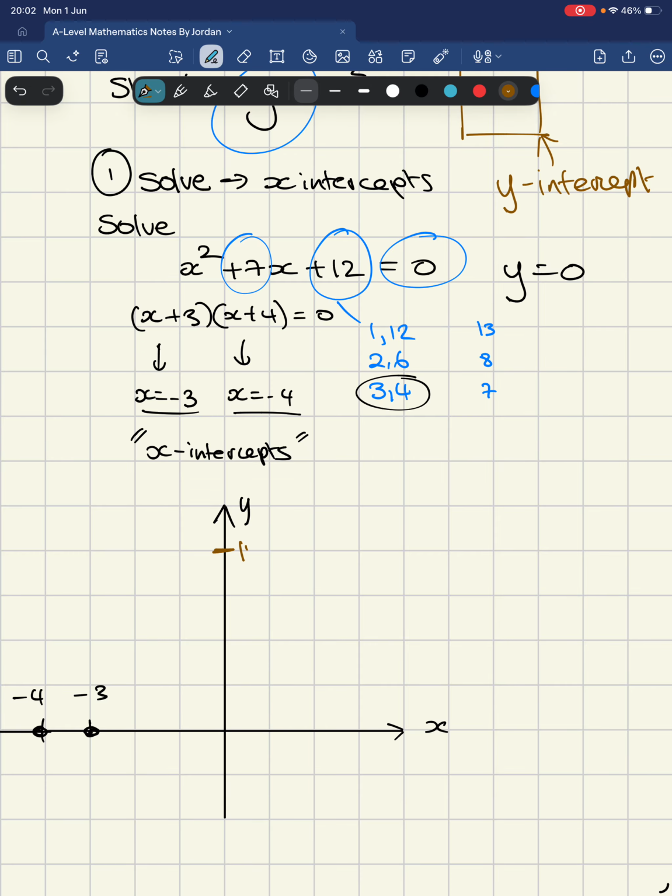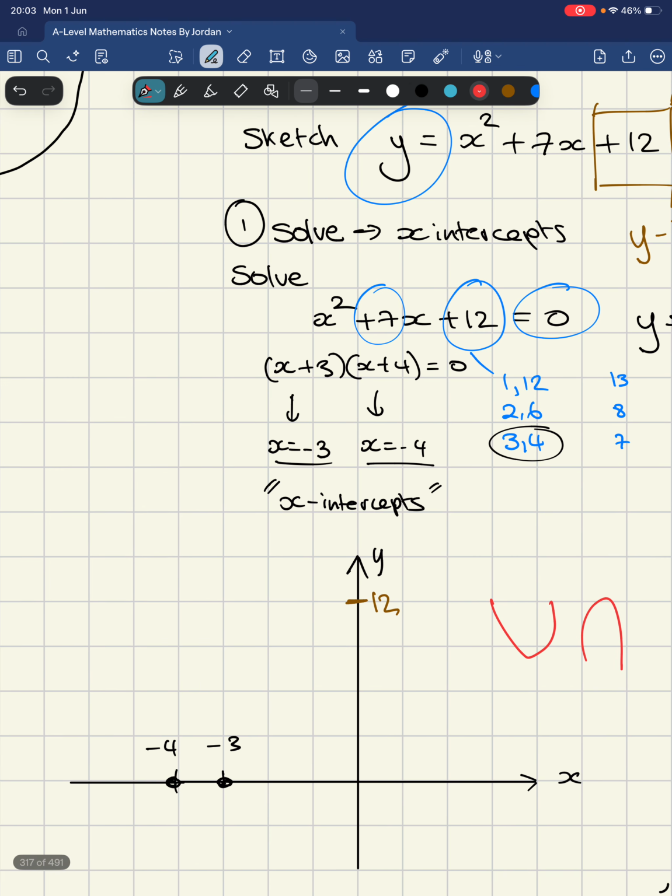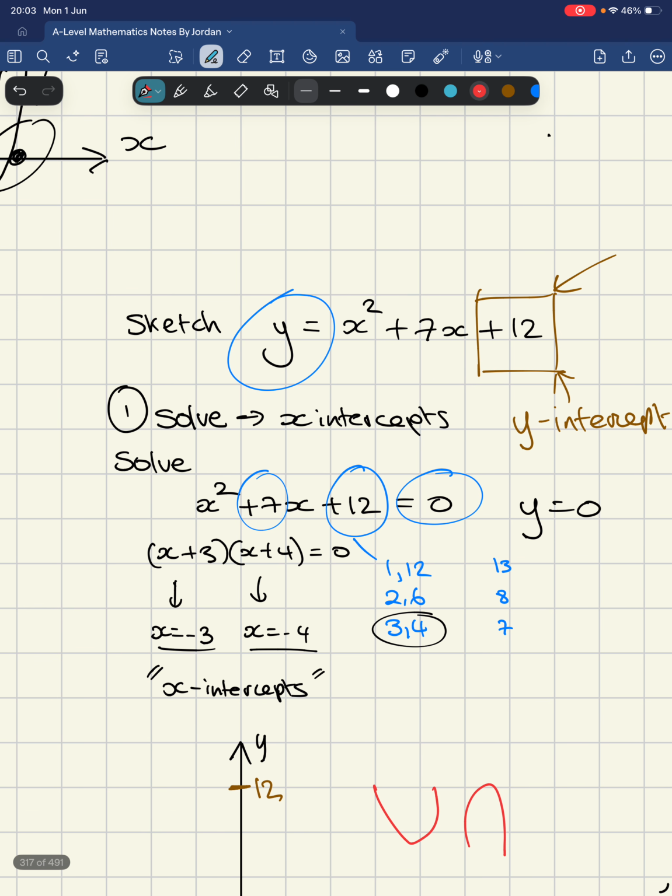So if that's 12 there, and this is only a sketch, by the way, it doesn't have to be accurate, and if I draw my graph on here, it's also got to have a U shape, meaning like this. Some of them have an N shape. How you figure that out is if you look at the front of a quadratic here, there's a number 1 right there.